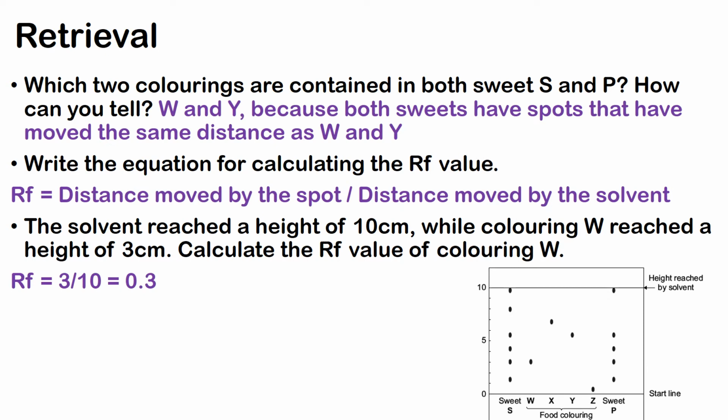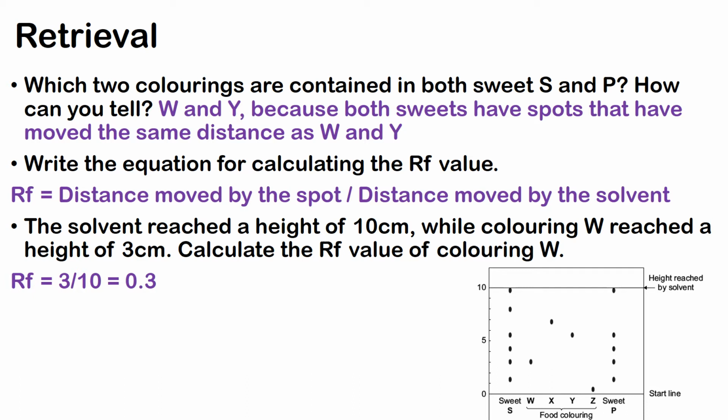Okay, so first question, which 2 colorants are contained in both sweet S and sweet P, and how can you tell? Well, if you have a look at the diagram at the bottom, what you want to do is look at the food colorants W, X, Y and Z, and see if there are any spots that match up to spots in both sweet S and sweet P. If we have a look at W, there's a spot in line with it at sweet S, and there's also one at sweet P, so that tells us that both of them contain W. X, there are no matching spots in either sweet.